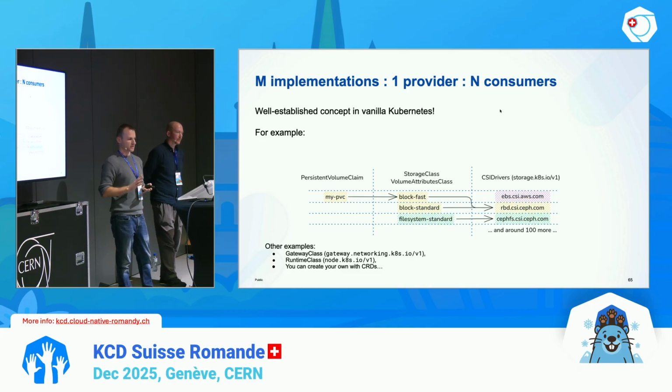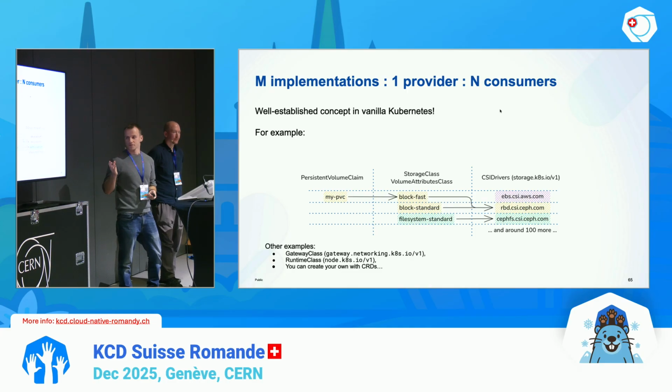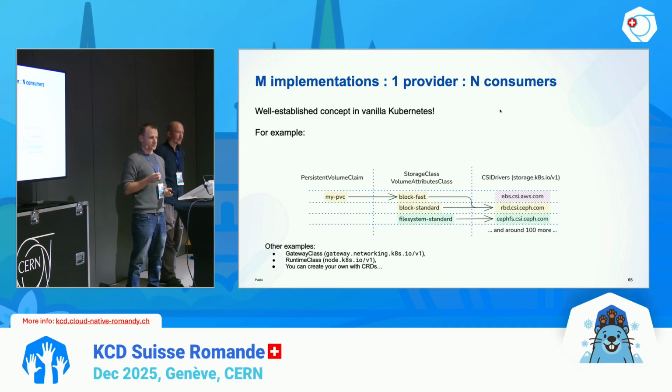So as an example, we see a user who is targeting some storage class from within their PVC, and that storage class then refers to some CSI driver, which is the actual backend specific implementation for that kind of storage.